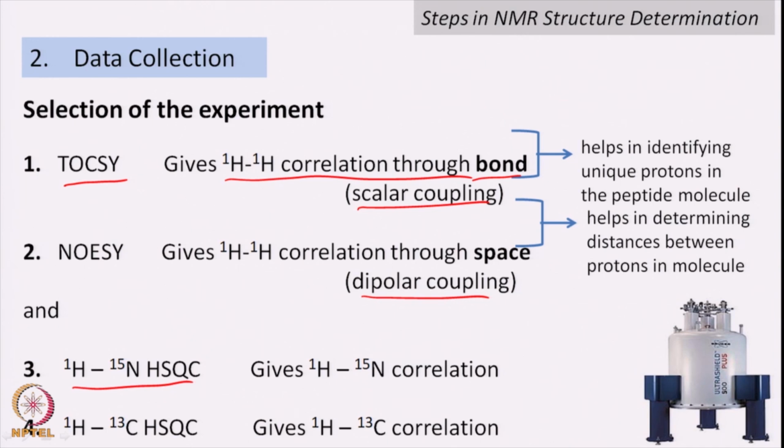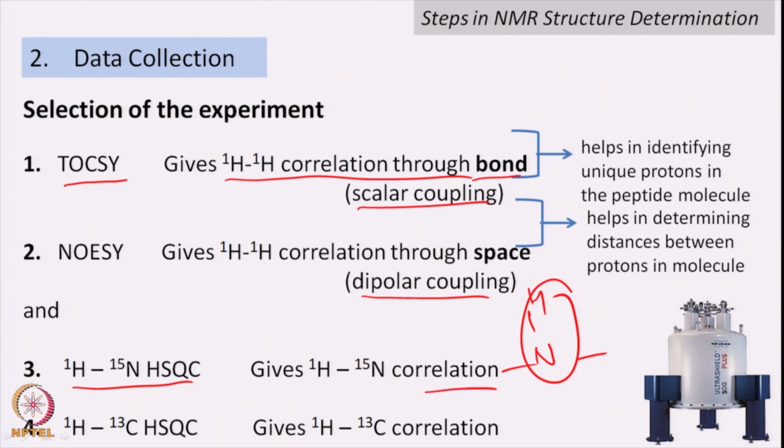If you remember a little bit of biology, each amino acid has one NH correlation from the backbone and a few in side chains. So essentially your HSQC will give a number of peaks equal to the number of amino acids in your peptide sequence.